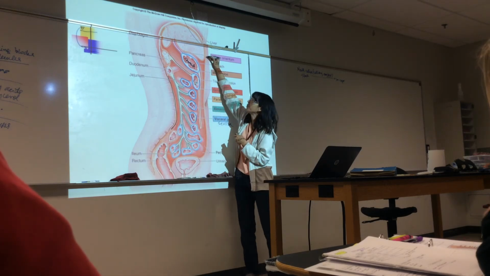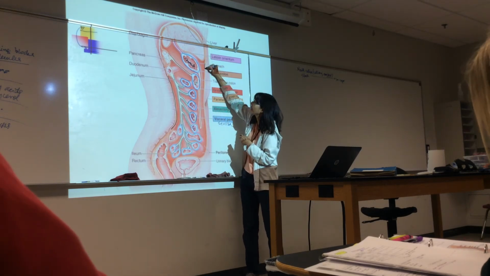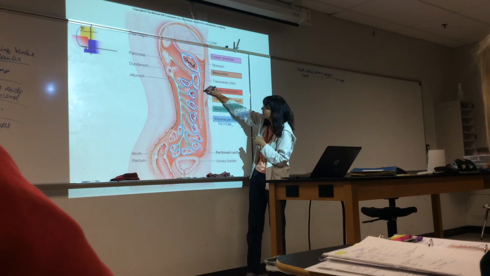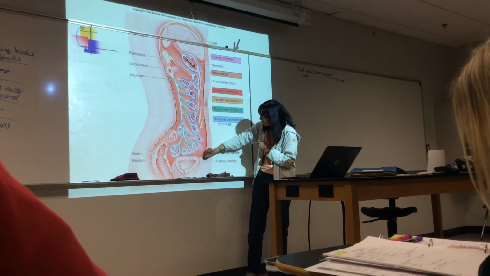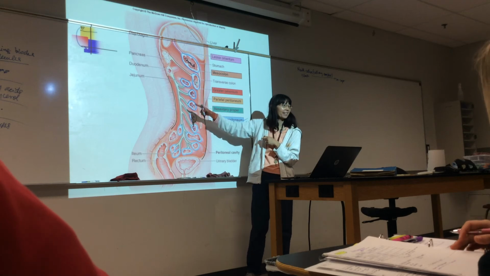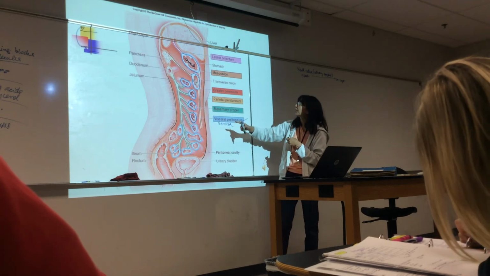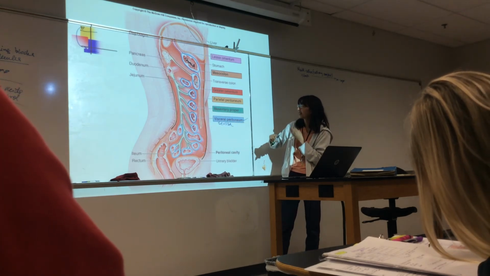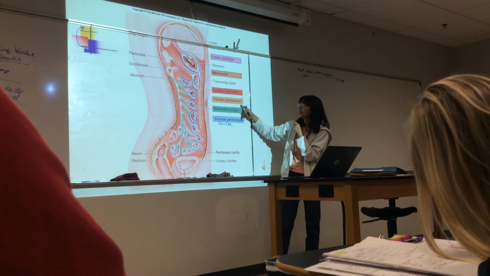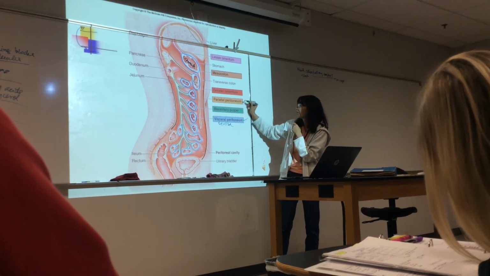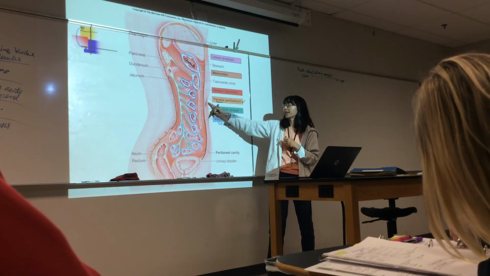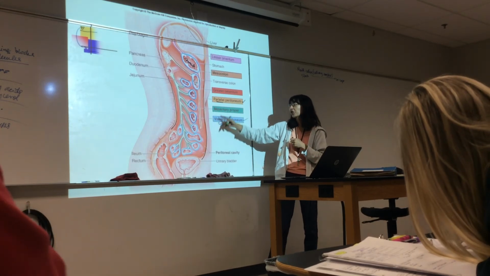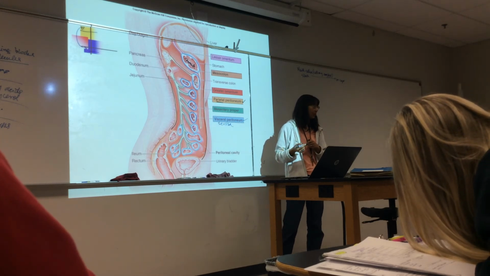Here it is. Remember I told you I made an incision inside of my abdominal wall? Is this line, the black line, that would be what? Parietal peritoneum. Parietal versus visceral. That so far you guys know from the other chapter.